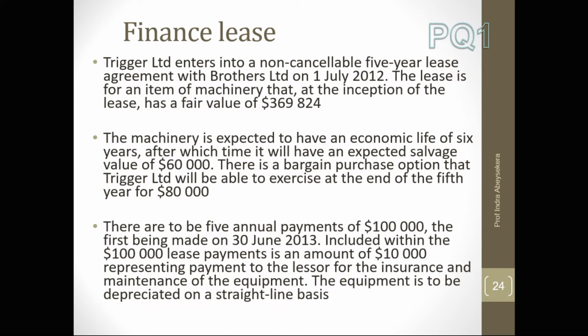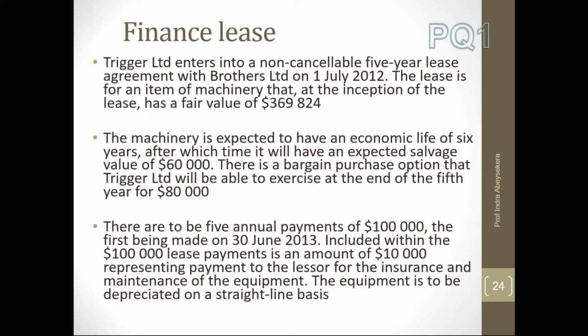There is a bargain purchase option that T Limited will be able to exercise at the end of the 5th year for $80,000. There are to be 5 annual payments of $100,000, the first being 30th June 2013.